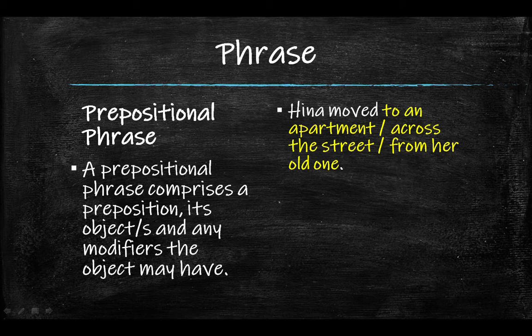Over here, one has been used for apartment, so it's pronoun. From is preposition, one is the object of preposition, her and old both are modifiers of one.